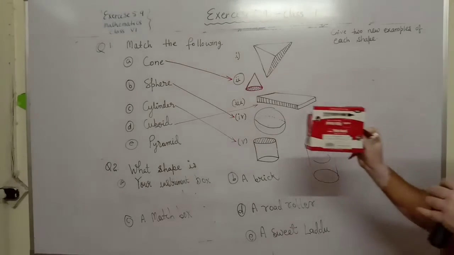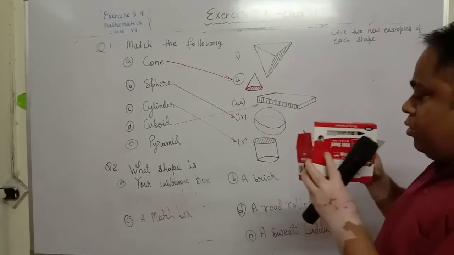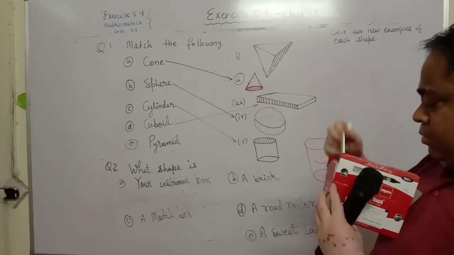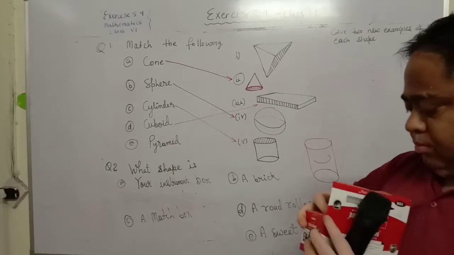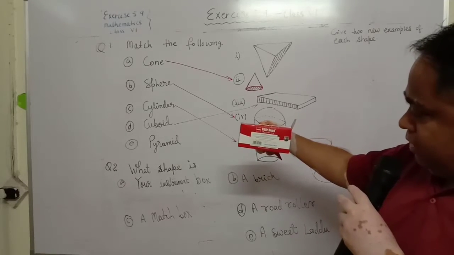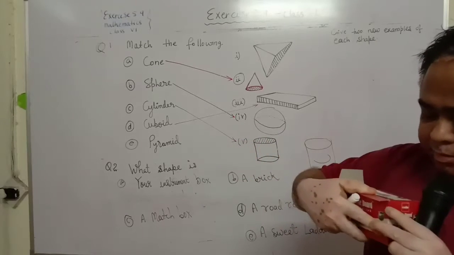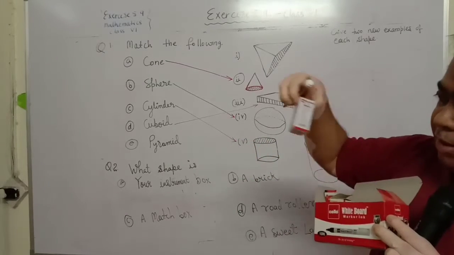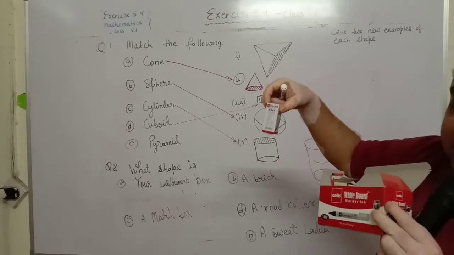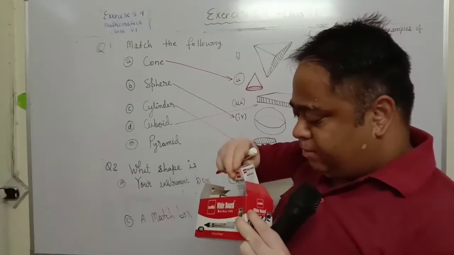This kind of box is also an example of a cuboid. If you close it, see, it will be a cuboid. And in this cuboid, there can be many other cuboids which can be fitted in. Like, see, there are many small cuboids fitted inside this.